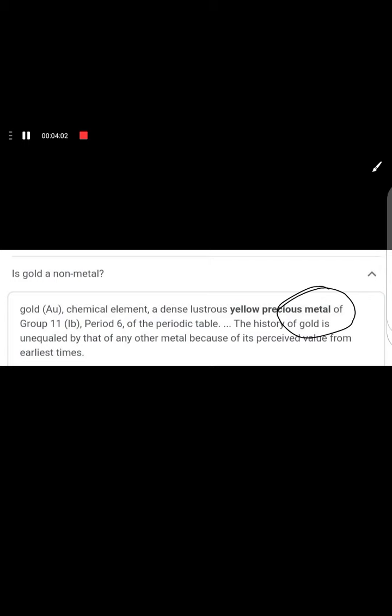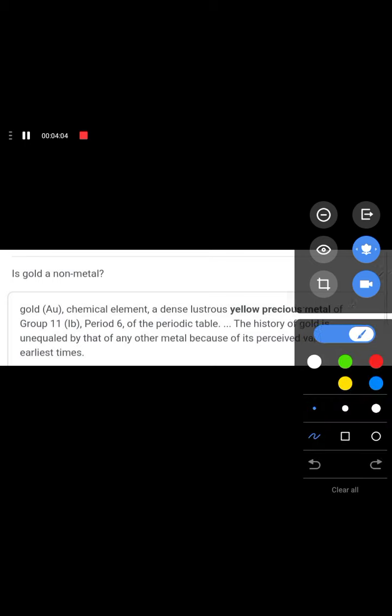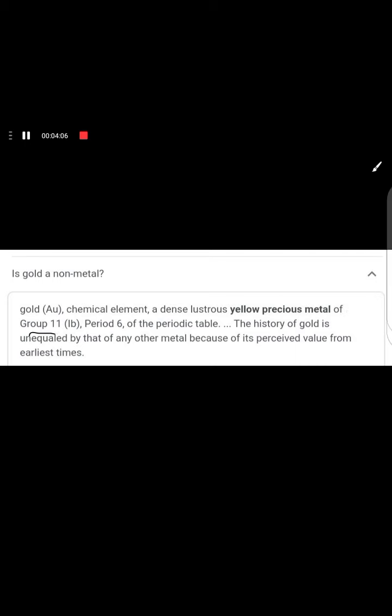In the periodic table it has the group label IB, and it is in period 6 of the periodic table. You will learn more in the higher classes.